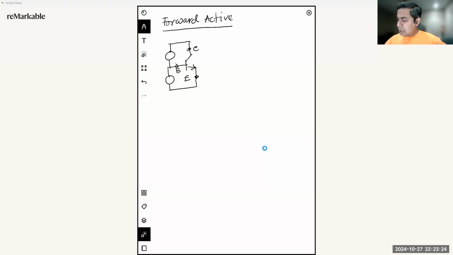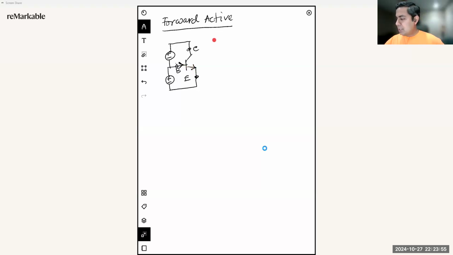For this condition, let's assume that the base-emitter junction is forward biased, and the base-collector junction is reverse biased. So we are applying this voltage across it. What happens is there will be a current flow from the base P side to the N side because this PN junction is forward biased between the base and emitter.